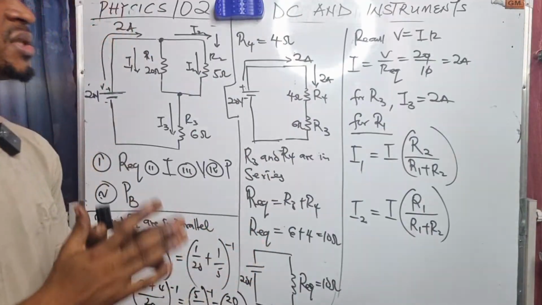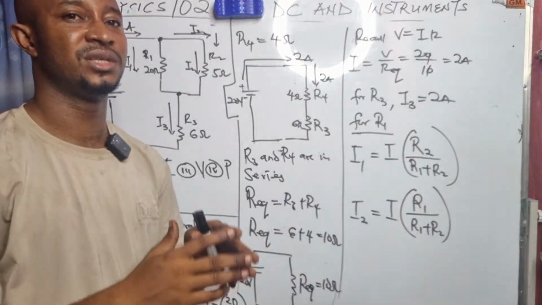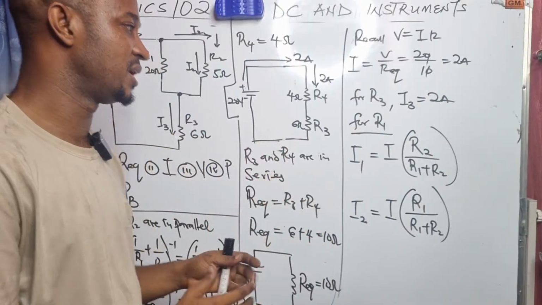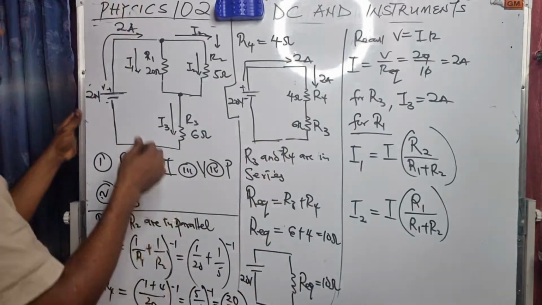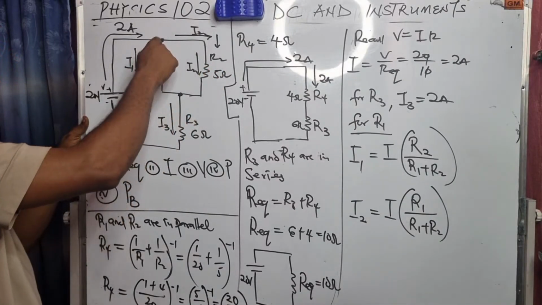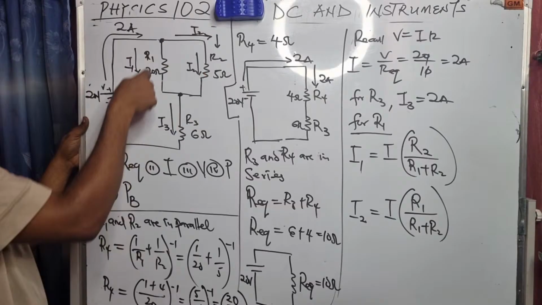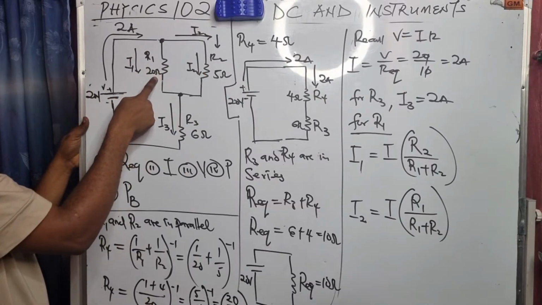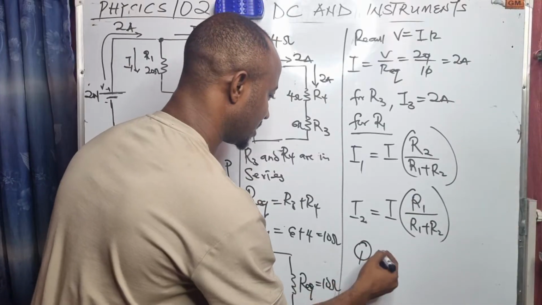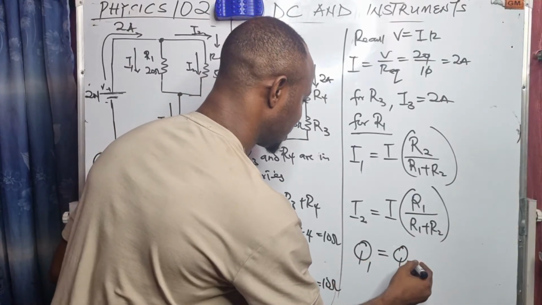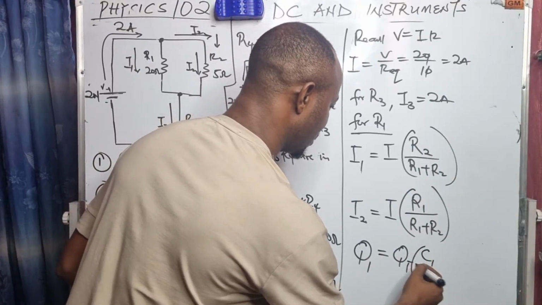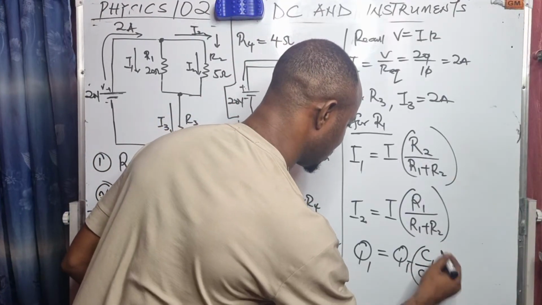Good. For capacitors in parallel, we are talking about charges. That is, different charges flow through a given circuit. If this is a capacitor and this is a capacitor, and I'm to find the charge that flows through the first capacitor, the formula will be Q1 equals total charge times C1 over C1 plus C2.